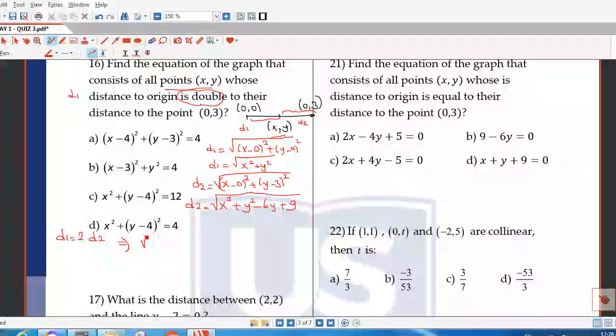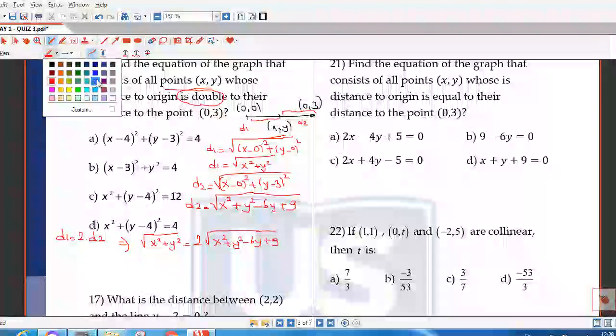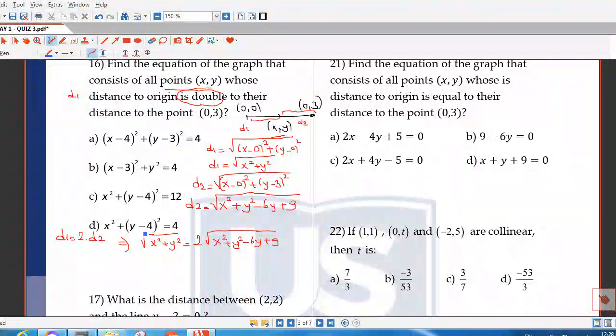If we write each of them in its place, d1 is square root of x squared plus y squared. d2 is twice the other distance, x squared plus y squared minus 6y plus 9. To go on in the solution, we have to be free of roots, so I am going to take the square of both sides.